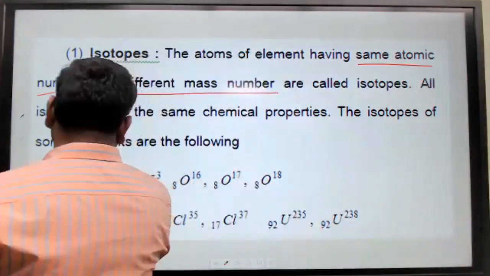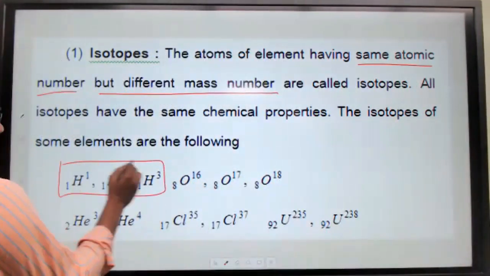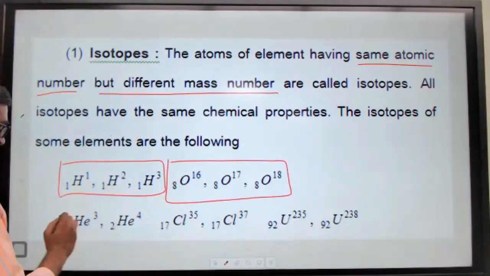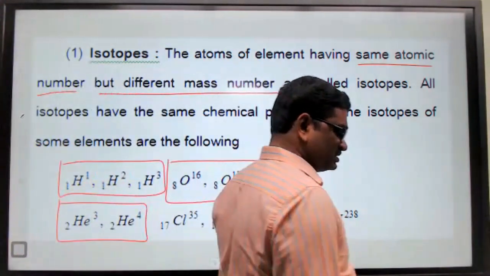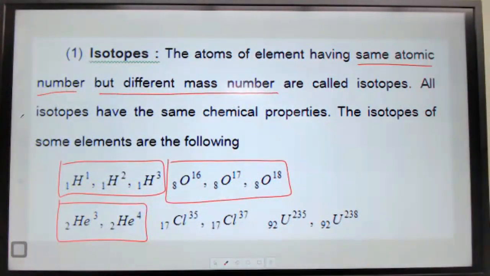Examples. This is the first example, second example, third example. Those three are sufficient. Just write down the highlighted points.